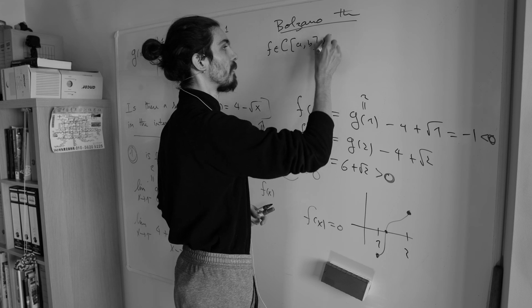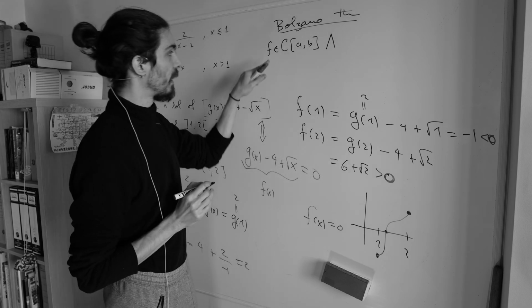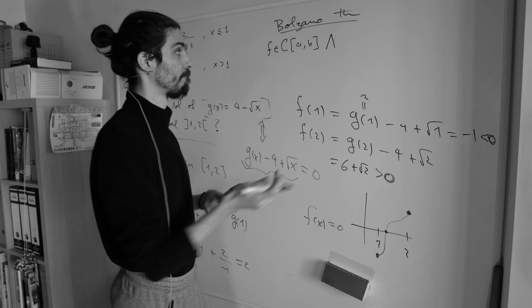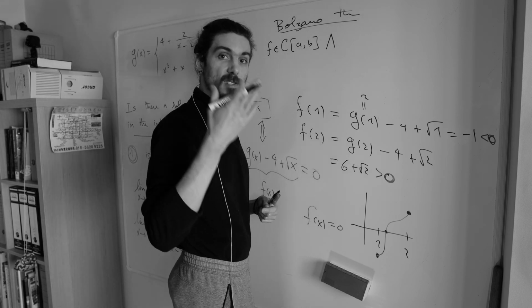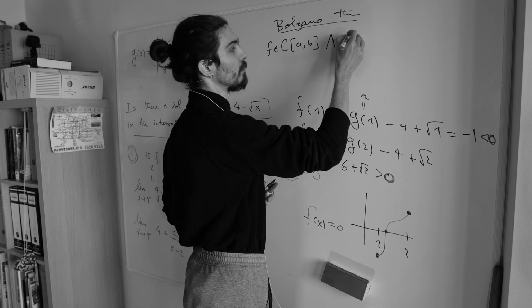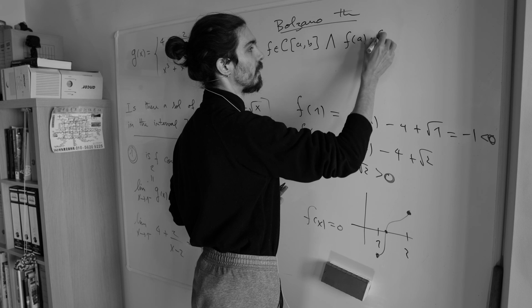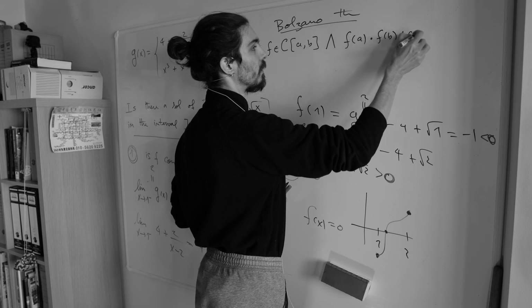This is the first part of the Bolzano theorem. The second part is to say that the images of f at the endpoints have different signs. And how do we write this in mathematical terms? Just multiply the endpoints.